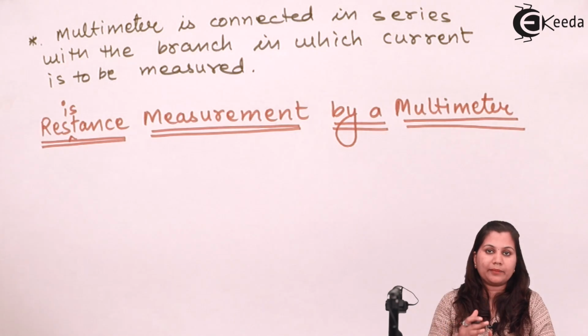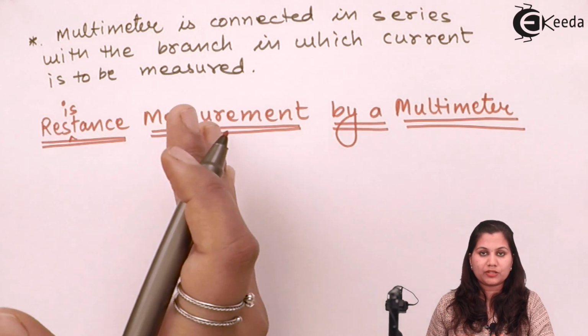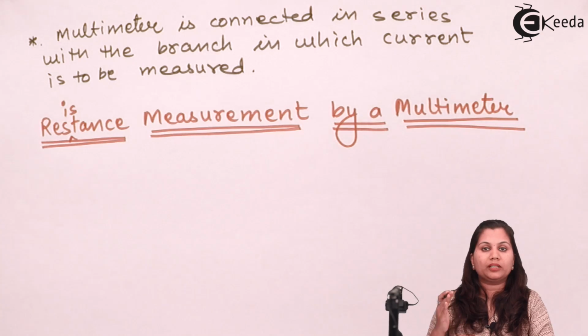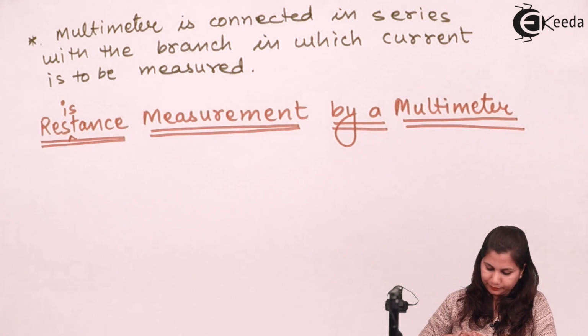Now again, the same instrument is to be used for resistance measurement. So the galvanometer is to be converted into an ohm meter.